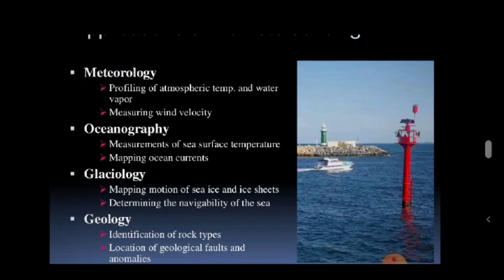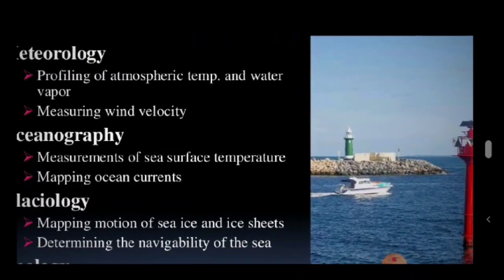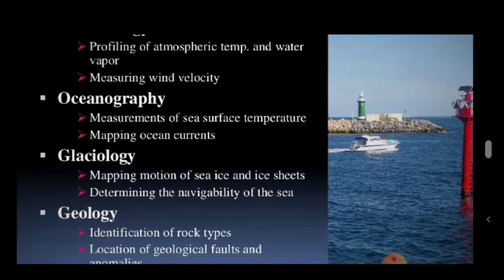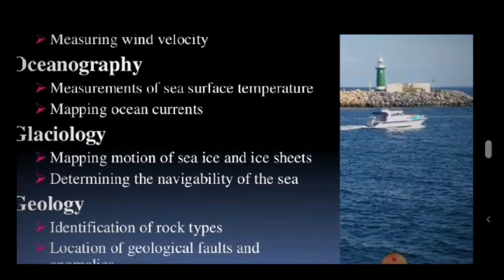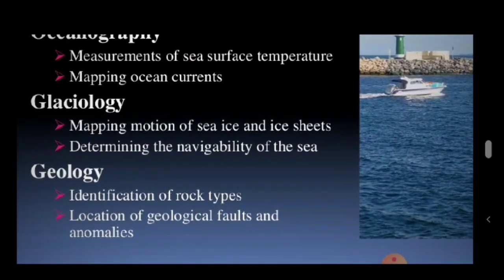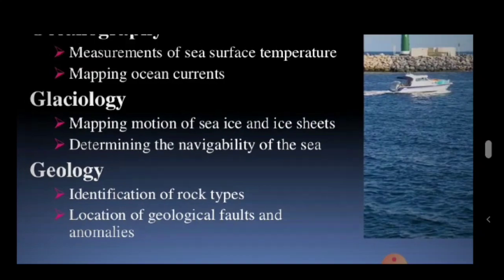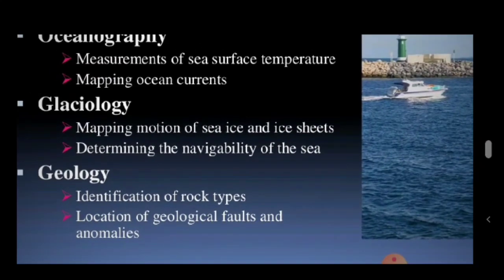Measuring the velocity of the wind can also be done using remote sensing. In hydrography and oceanography, measurements of sea surface temperature can be done with remote sensing. And also mapping ocean currents. It's an interesting area where remote sensing is used.